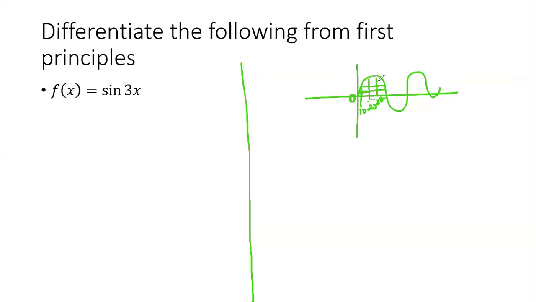So limits means: what value do you obtain as you get close to a particular point? In limits and differentiation, we always look at 0. What is the nature of that point as you move towards it?